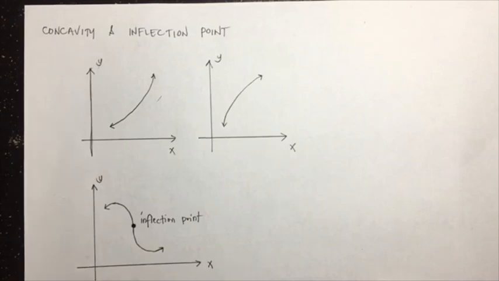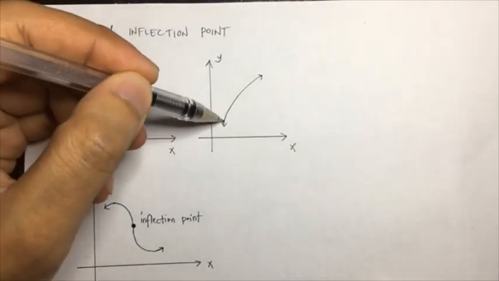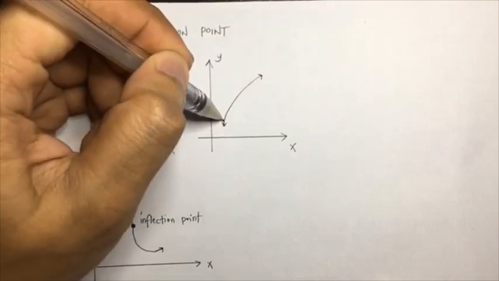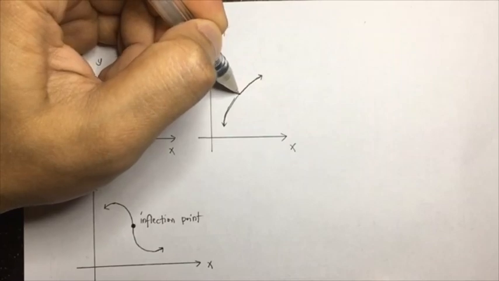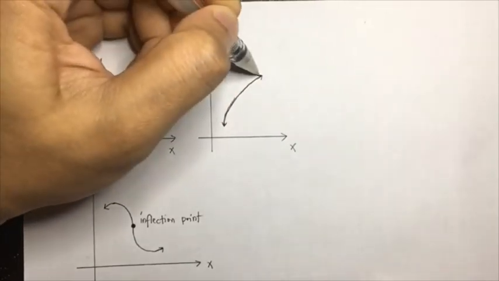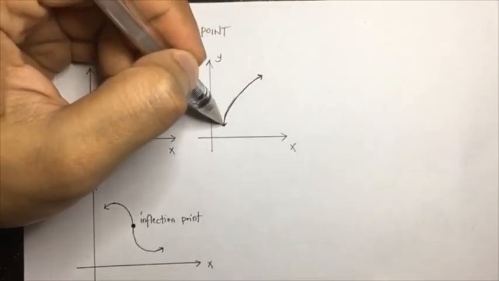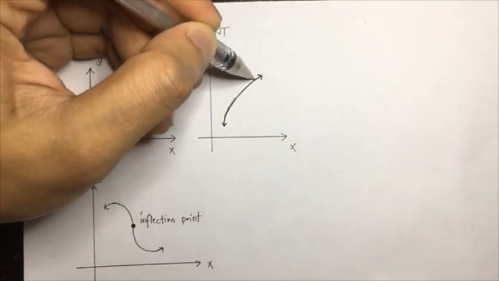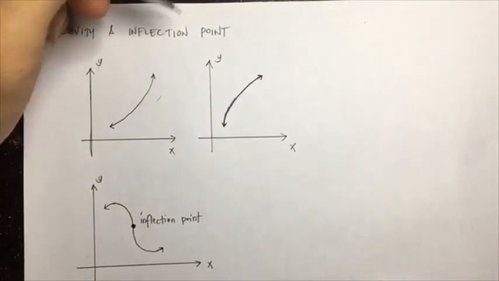Okay, so concave downwards looks like this. As you can see, the orientation of the curve is concave downwards. So the curve is facing downwards.